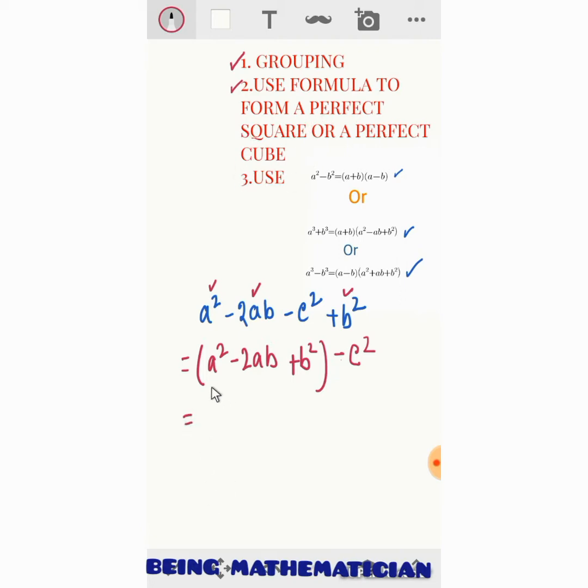So here this gives us a minus b whole square. It's a perfect square, and minus c square. Then we apply this formula for this sum, that is a square minus b square equal to a plus b into a minus b. So it is a minus b plus c into a minus b minus c.